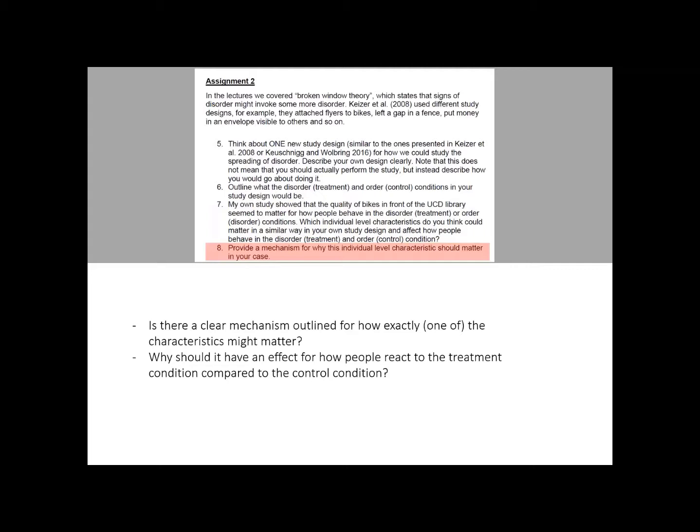Don't just say gender matters, but give me an explanation for why we should think that. Give a bit of a story around how it could work, or why men and women might react differently, or why different age groups might react differently, and so on. A mechanism is giving a plausible story. That's what I want you to do here.